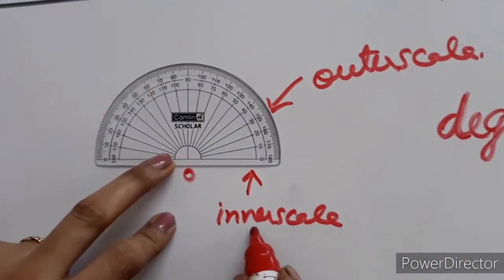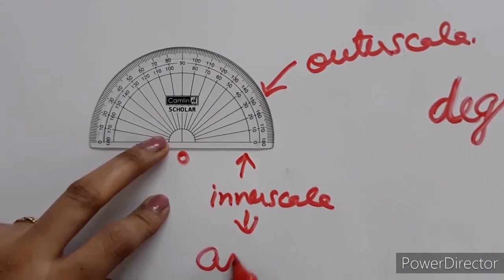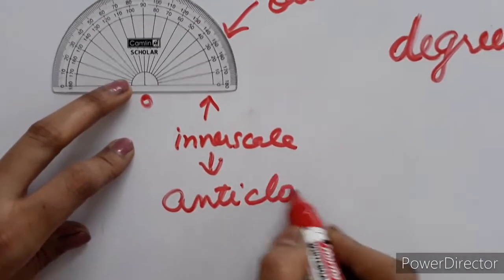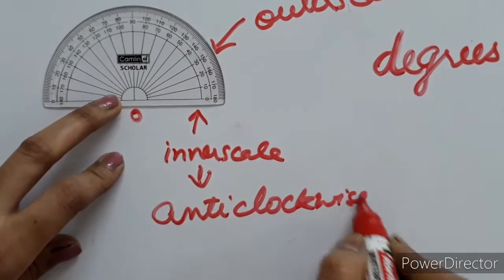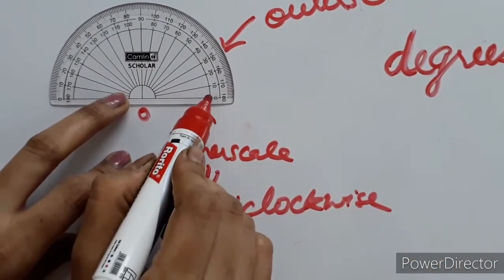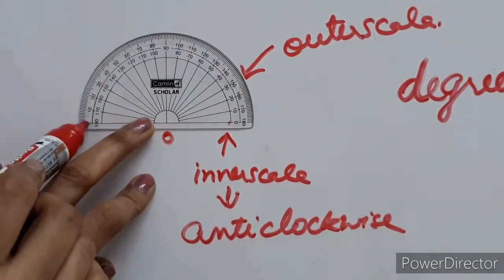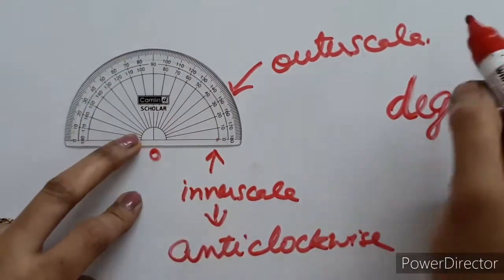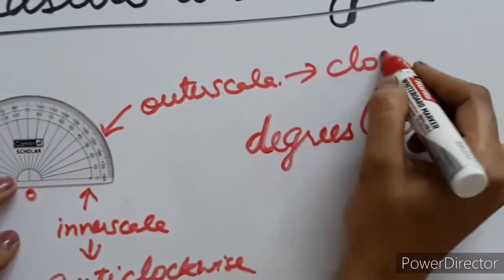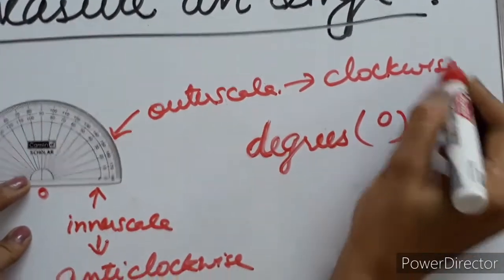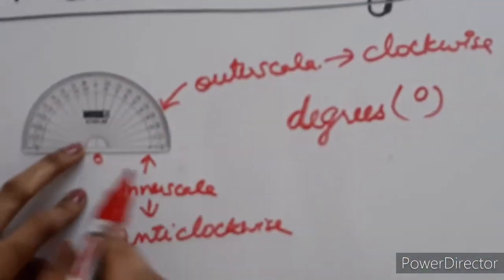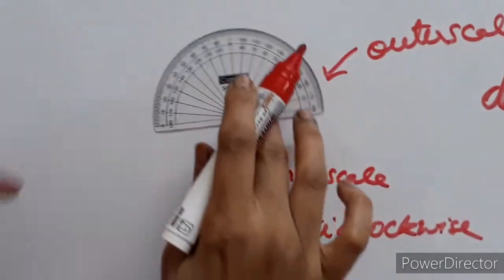When we are measuring on the inner scale, we have to follow the anti-clockwise direction. What is this anti-clockwise direction? When we start here from the 0, then we go anti-clockwise. When we start from this 0, then we are going in the clockwise direction. This is the way we have to analyze a protractor. Now how will we take the measurement of the degrees from this protractor? Let's see.